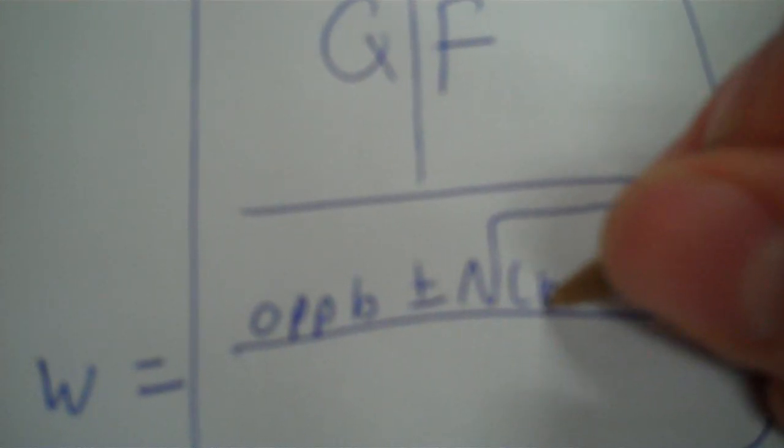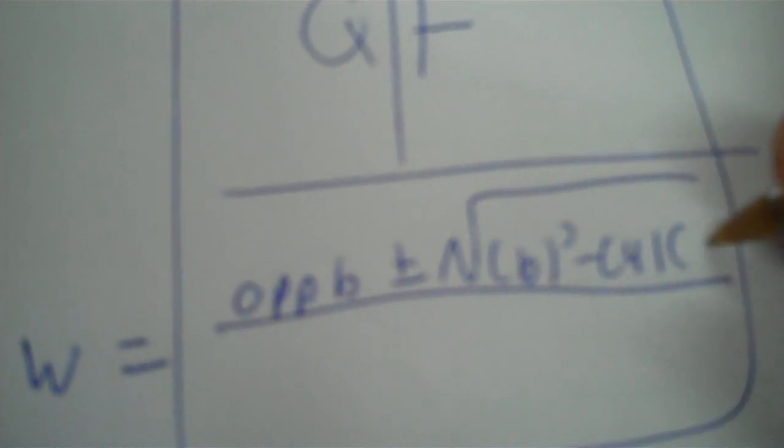So I'm going to go to the quadratic formula, and this time it's W equals opposite of B plus or minus the square root B squared minus 4AC over 2A. So the opposite of negative 8 is positive 8. And then B, negative 8, 4AC.